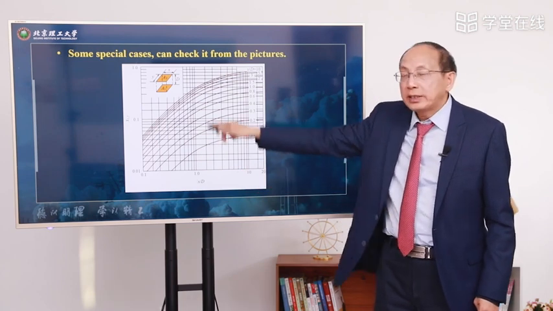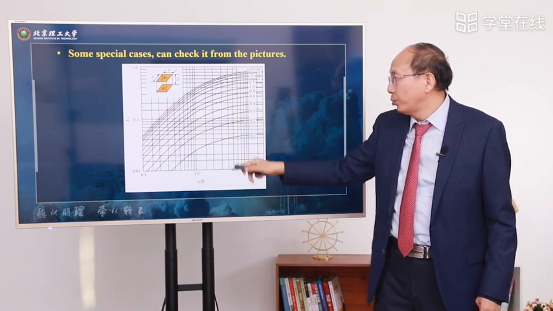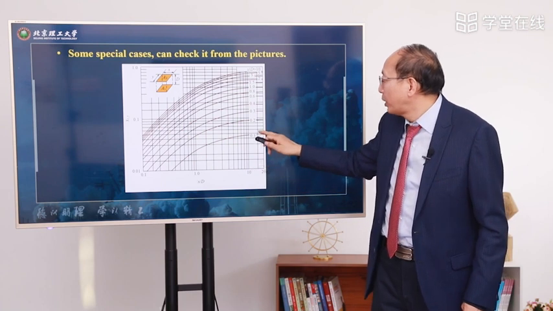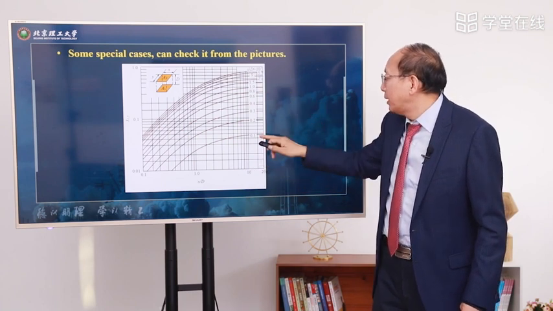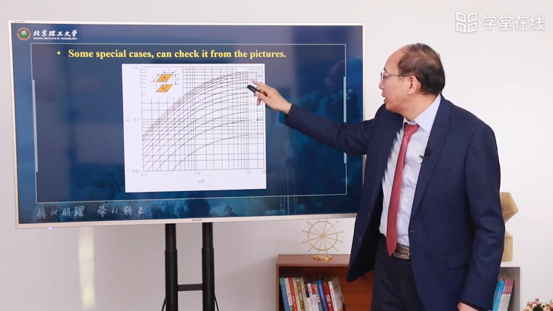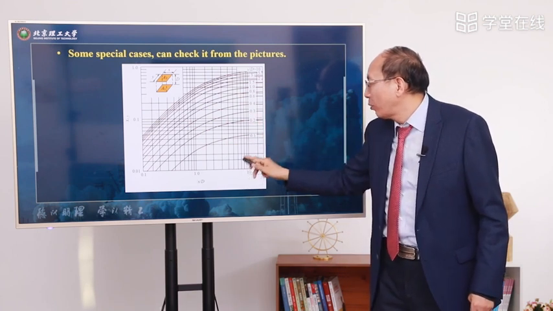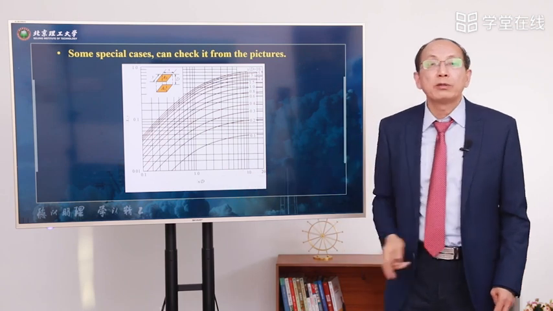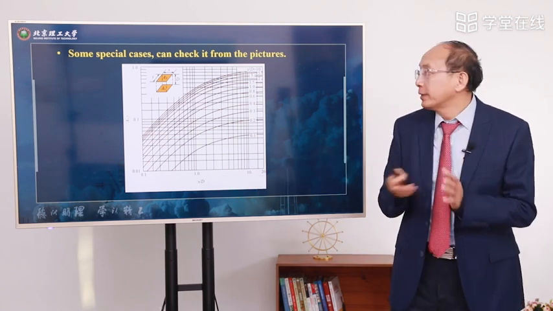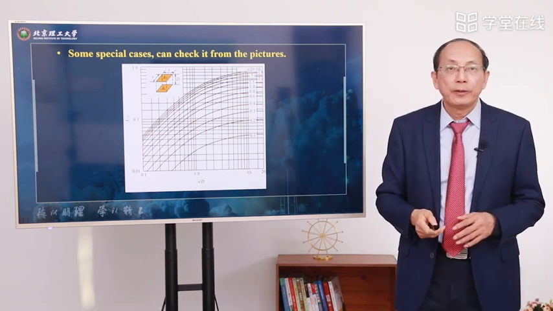The vertical axis is x1 to 2. You can see curves for different y over d, and we can read off x over d. By checking this picture, we can obtain x1 to 2.